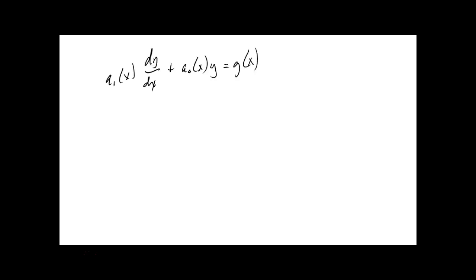Okay. It could easily be this function right here is just a constant. The a sub 1 of x could be just a constant. It could be this function is just a constant function without x dependence.